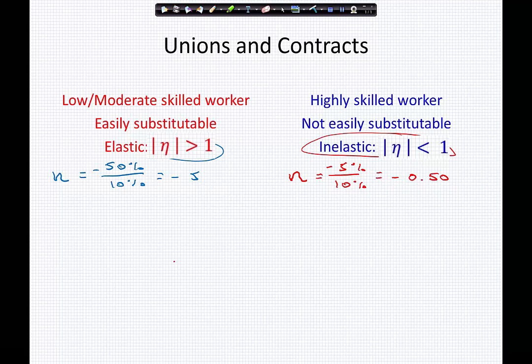But on the other hand, workers for which there's an inelastic labor demand are less likely to need a labor union organizer. They are not easily substitutable. So just by virtue of their skill levels, the lack of substitutability of them, they have some bargaining power with their employers even without collective bargaining, even without the influence of the union.